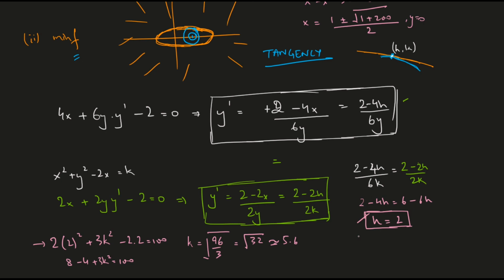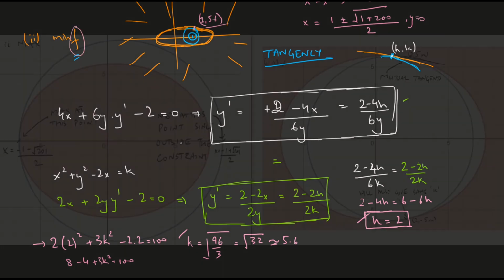Alright, so I have the value of h, I have the value of k. So these coordinates where the tangency happens are 2 comma something like 5.6. Once we substitute these values in the given objective function f, we would get the minimum value of f.